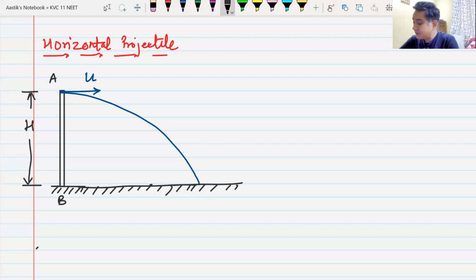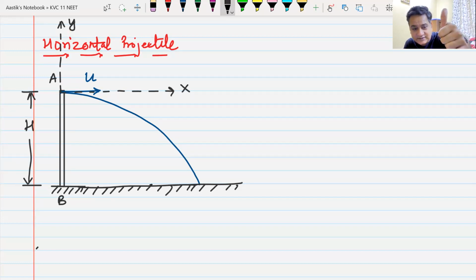Obviously, I can make my x-axis and y-axis, and you always start your x-axis and y-axis from the point of projection. So this is your y-axis and this is your x-axis. So this motion is below your x-axis, or along negative y-axis. Do we understand this? Yes or no?